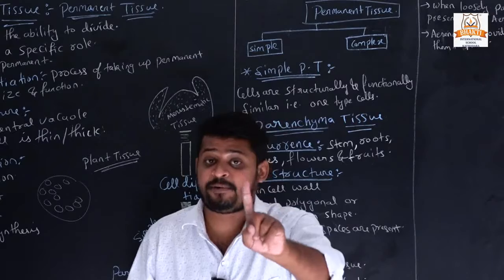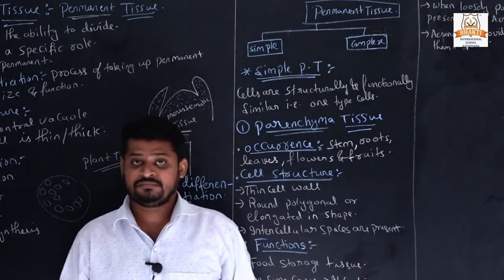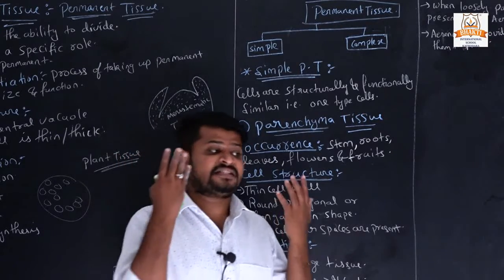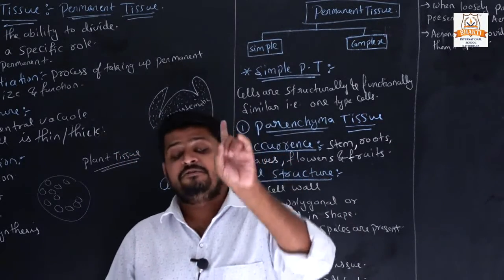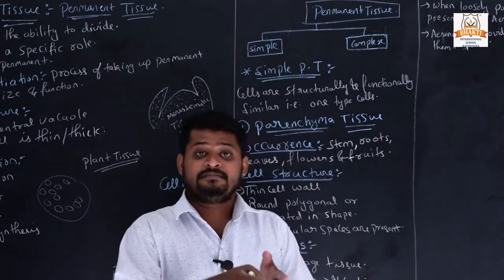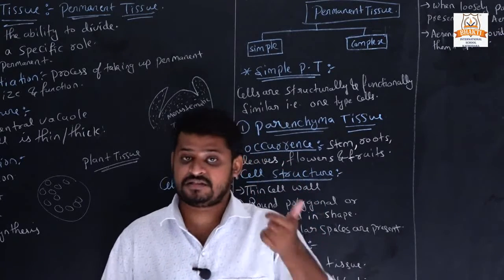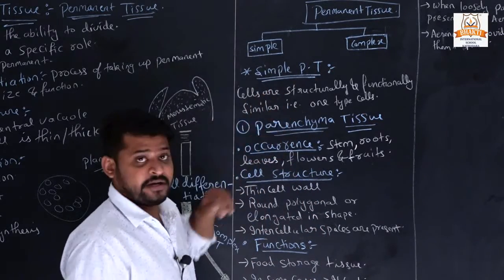Only one type of cell is present, and they do a simple and specific work. That's why it is called a simple permanent tissue.